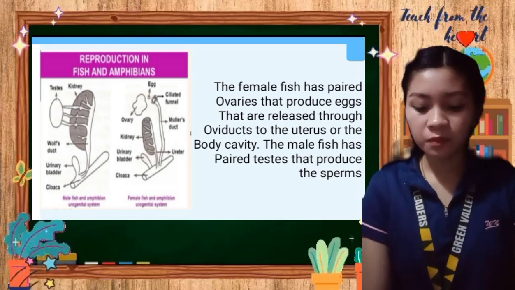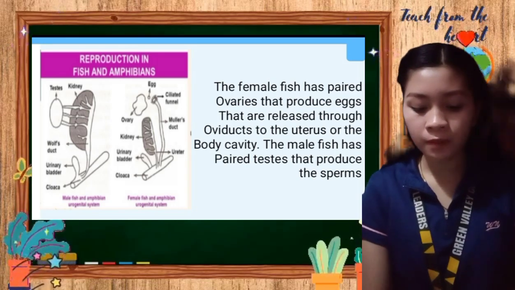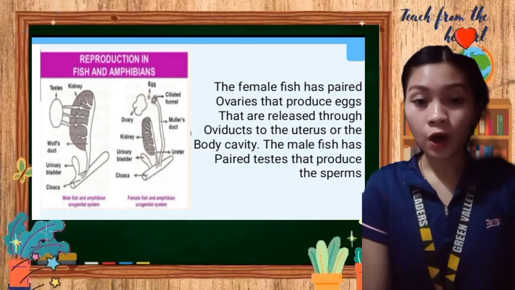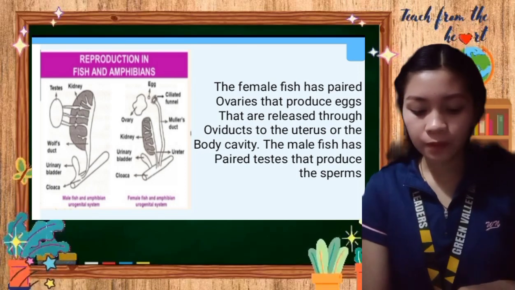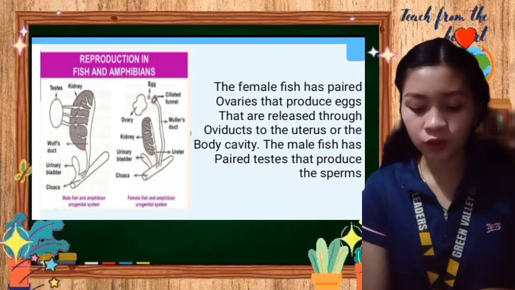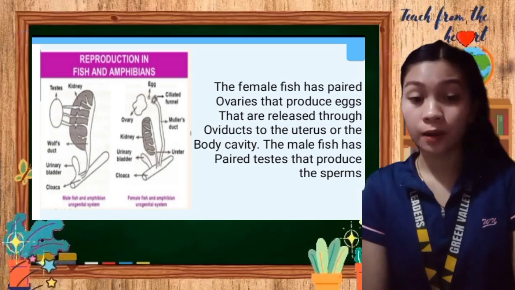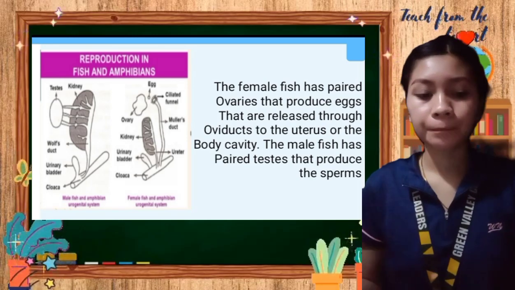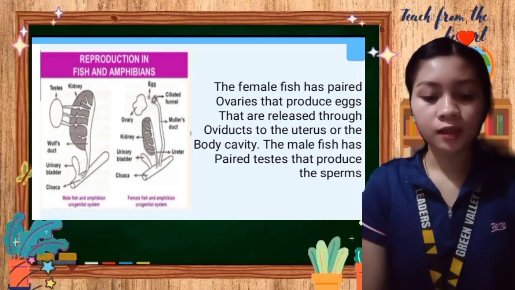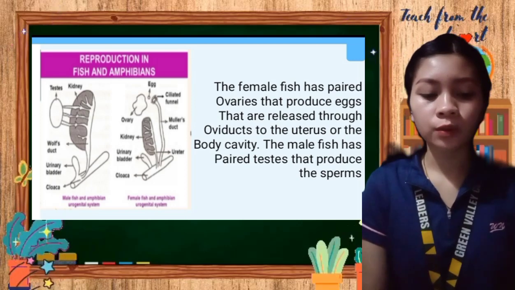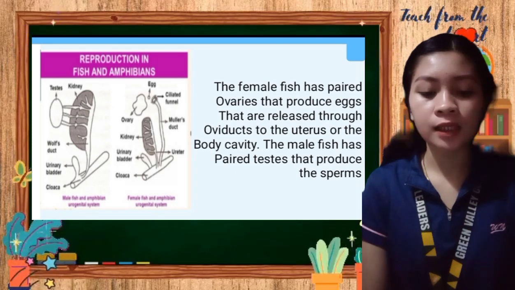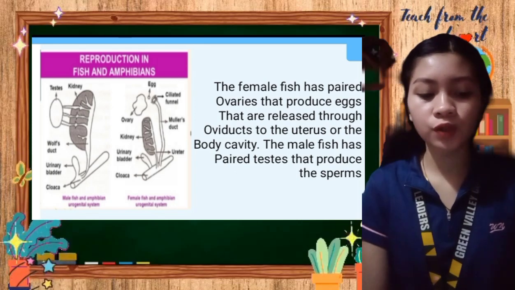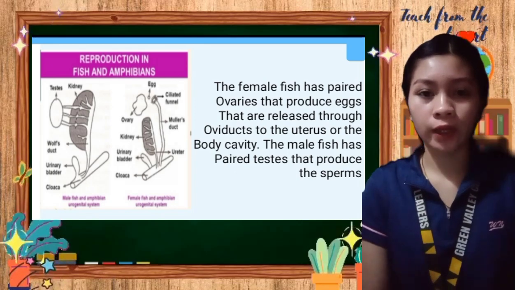Paired ovaries means one of the pair of female glands in which the egg forms and the female hormones estrogen and progesterone are made. Paired testes means one of the two egg-shaped glands inside the scrotum that produce sperm and male hormones.